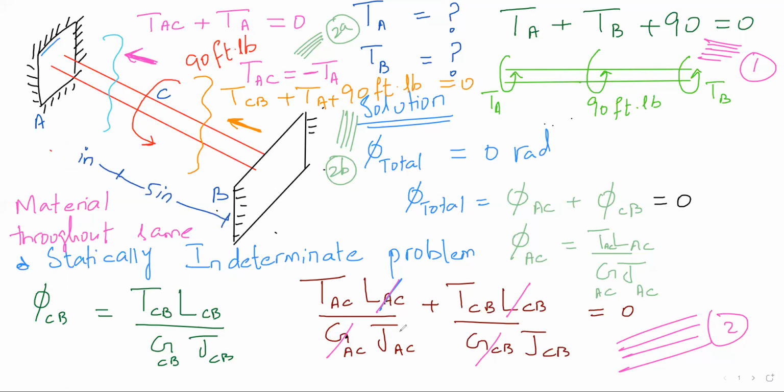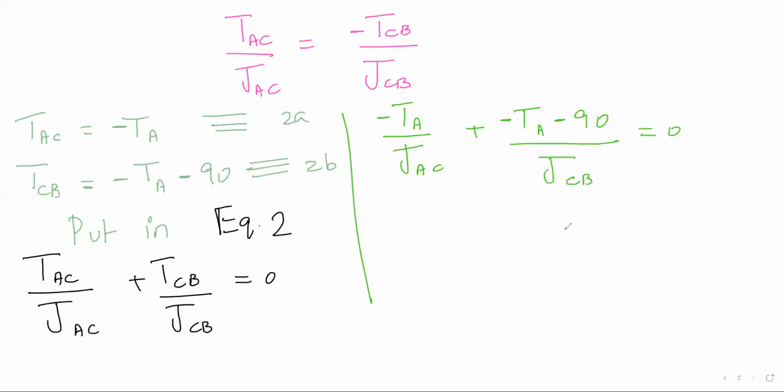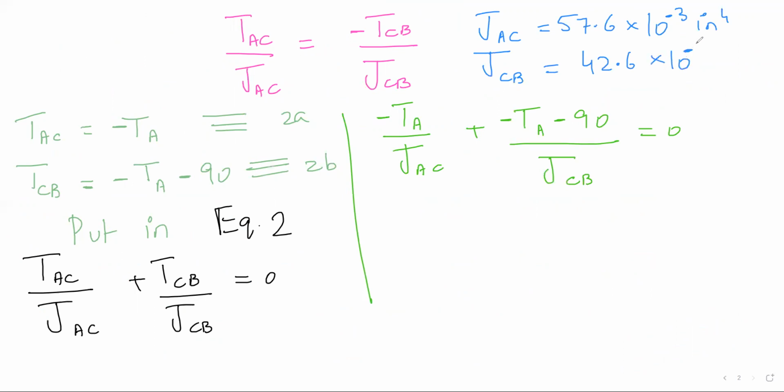Okay, let us proceed. Yes, I think this length is 5 inches. Okay, I just realized that in my notes it is written that JAC is 57.6 into 10 power minus 3 inch power 4, and JCB is 42.6 into 10 power minus 3 inch power 4. These are given, of course.